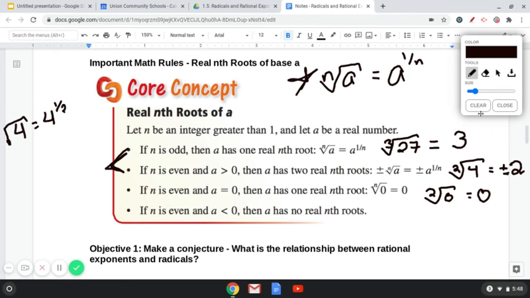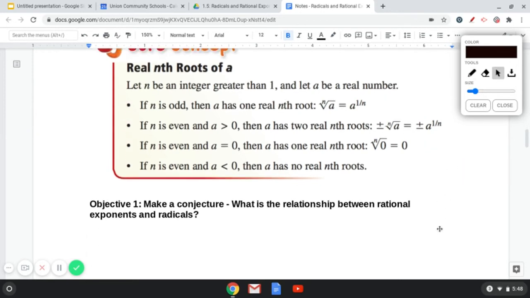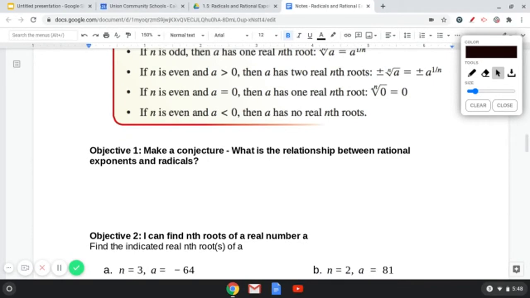All right, now let's keep going. Let's make a conjecture. What is the relationship between rational exponents and radicals? So we have this rational exponent, some number to a fraction, 1 over n. This is the same thing as taking the nth root of that number a.